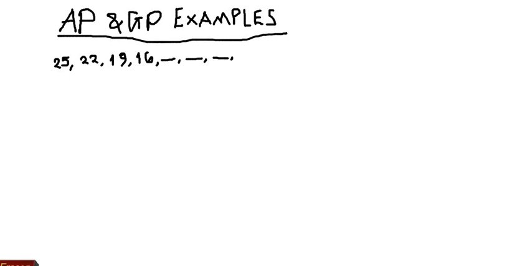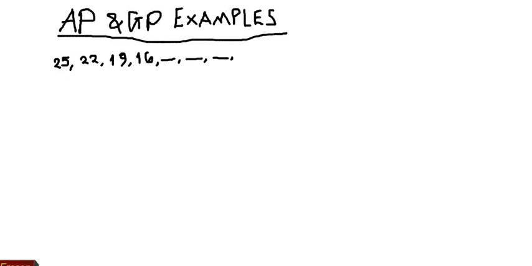So if we analyze this sequence, we'll notice that it's an arithmetic progression, because when we subtract 16 minus 19, we'll find negative 3. If we try it here, 19 minus 22, we'll find negative 3. If we try it between the first two terms, we have 22 minus 25, which will give us negative 3.